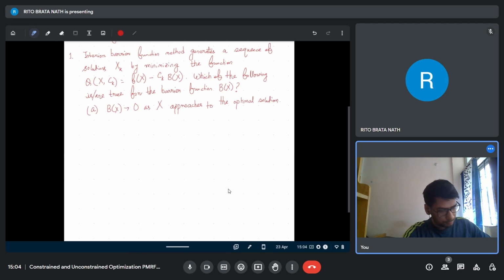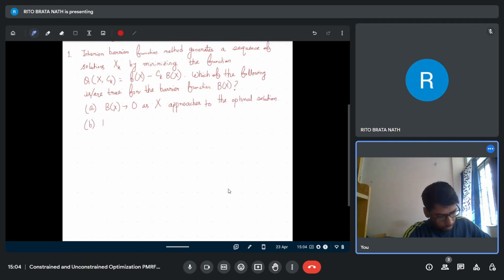Next is B(x) tending to 1 as x approaches the optimal solution.